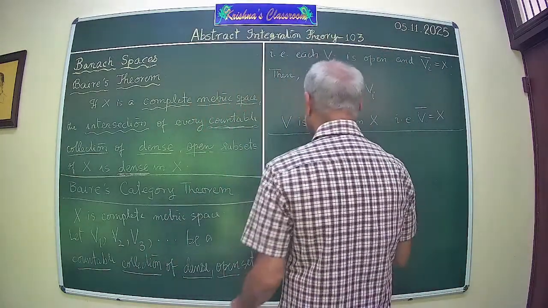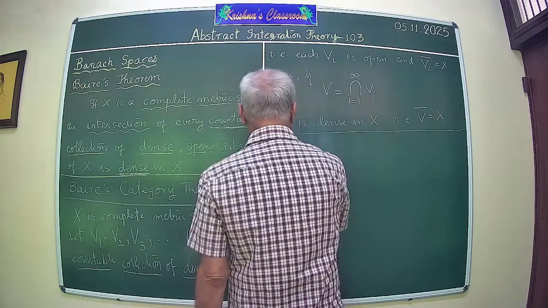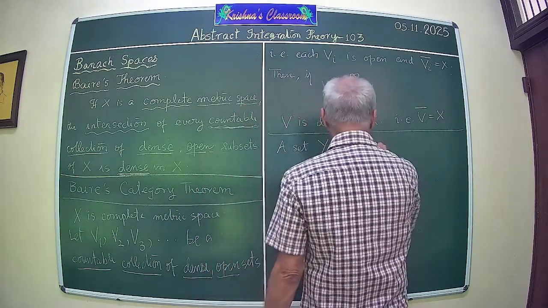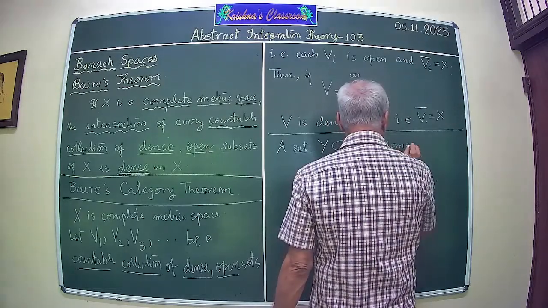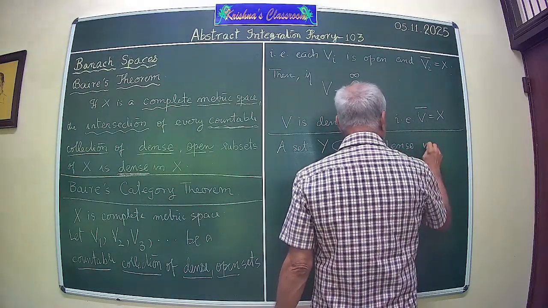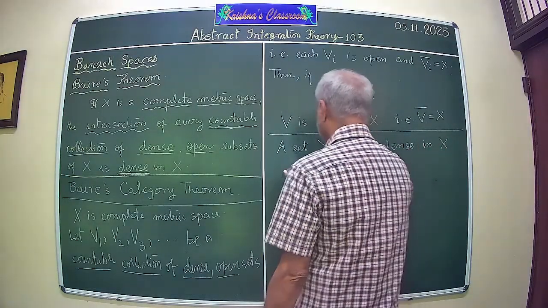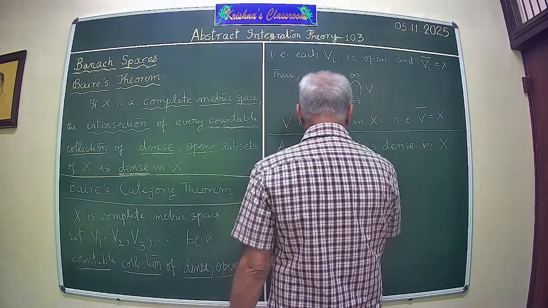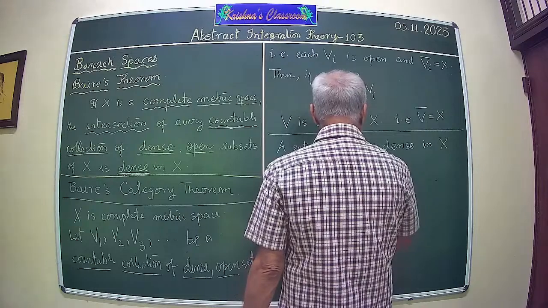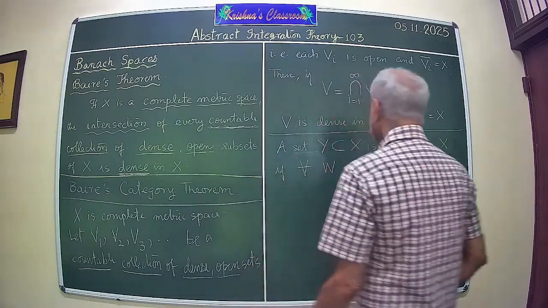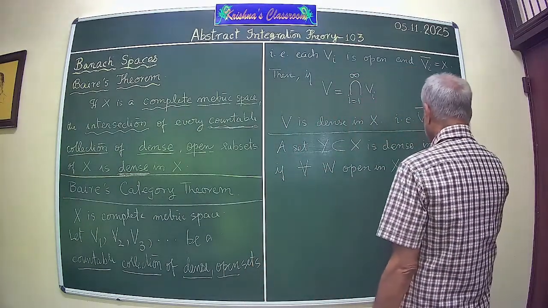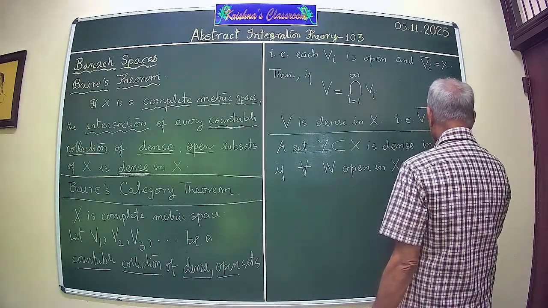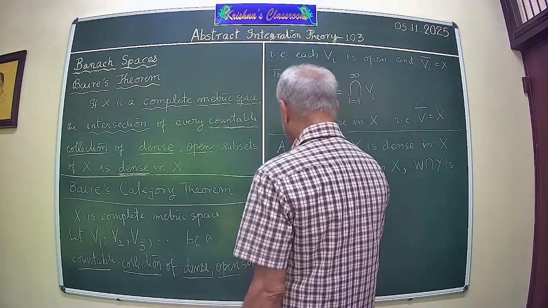Now, a set Y is dense in X if for every W open in X, W intersection Y is non-empty.